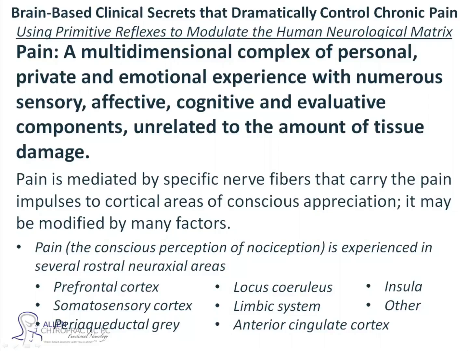Pain is mediated by specific nerve fibers that carry pain impulses to cortical areas of conscious appreciation, and it may be modified by several factors. Pain, or the perception of nociception, is experienced in certain areas: prefrontal cortex, somatosensory cortex, the periaqueductal gray, locus coeruleus, the limbic system, the anterior cingulate cortex, the insula, and a few other places.